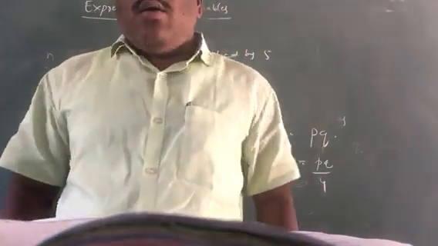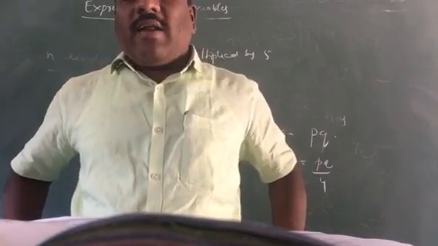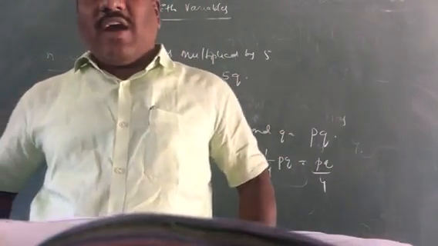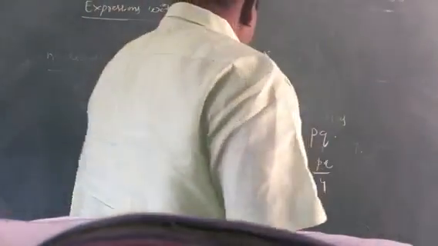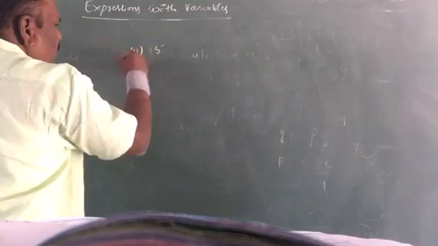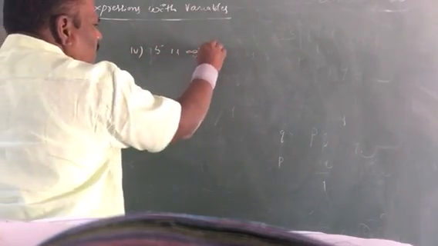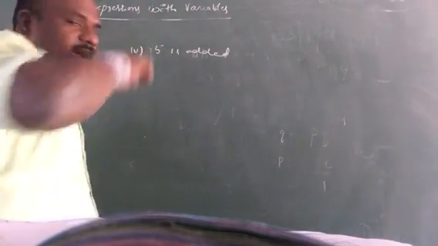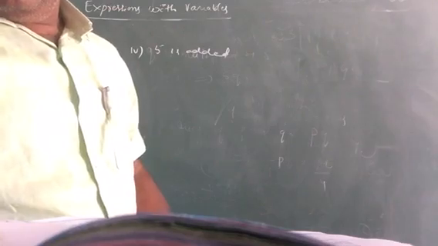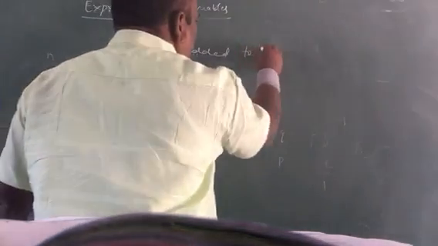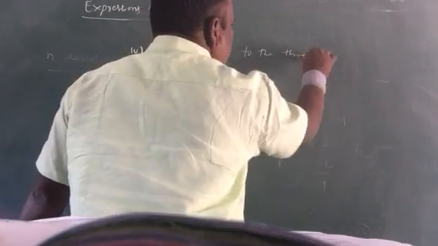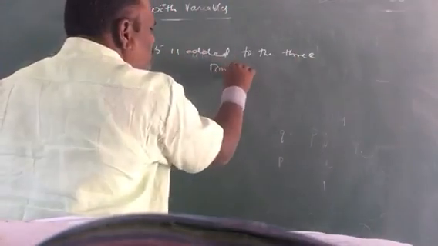Now, fourth one. 5 is added to 3 times z.